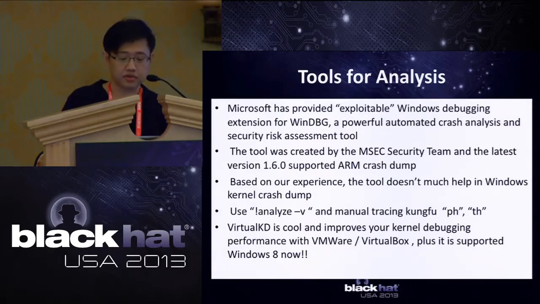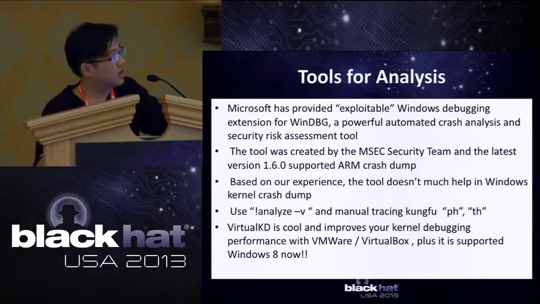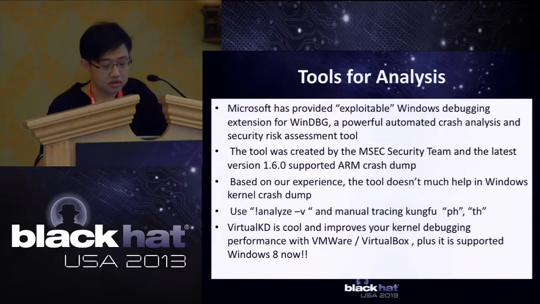By the way, our experience tells us that the tool does not help in Windows kernel crash dump analysis. We still need to depend on existing WinDBG commands, for instance !analyze -v, or tracing kung fu such as pH or tH. You may also consider VirtualKD combined with VMware and VirtualBox to improve your kernel debugging performance.